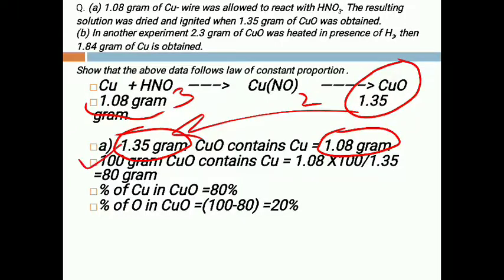Now 100 gram of CuO contains how much copper? It is 1.08 into 100 divided by 1.35, so the answer is 80%. So if 80% is copper, then what is the percentage of oxygen? Because the only other element is oxygen, so the rest is oxygen. How much is it? 20%. So in the first method we have found that in copper oxide, the copper to oxygen percentage is 80 is to 20.